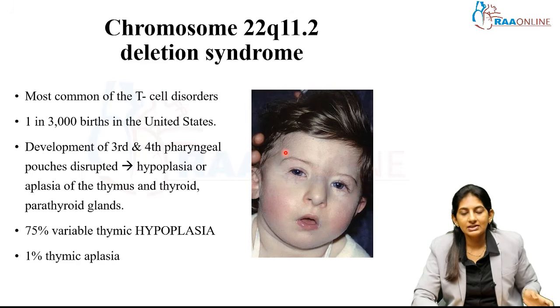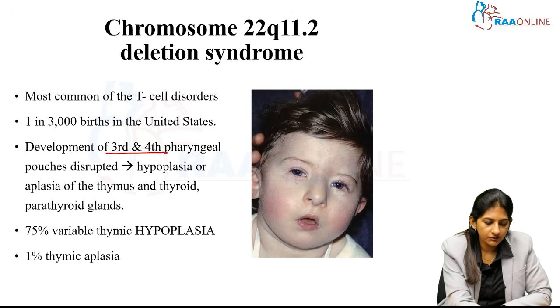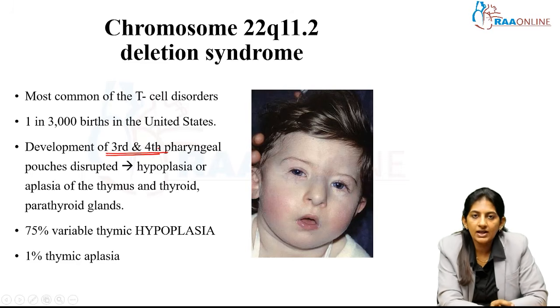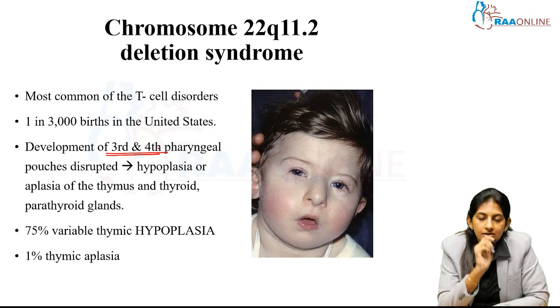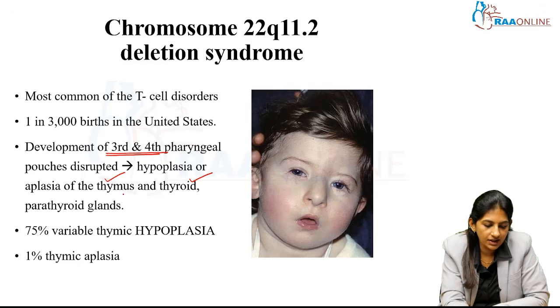Here, the development of the third and fourth pharyngeal pouch is disrupted. So the structures that develop from these pharyngeal pouches, like the thymus, the thyroid and the parathyroid gland, are abnormal here, and 75% of these children have thymic hypoplasia.